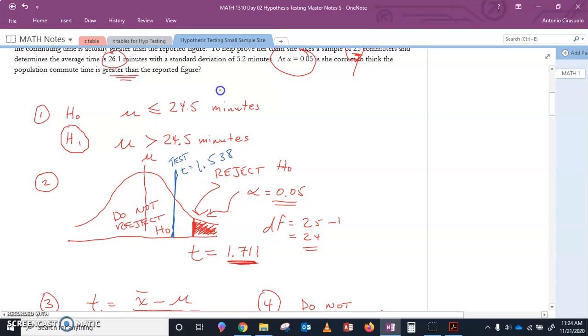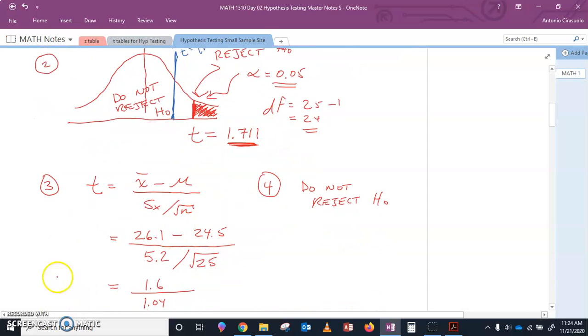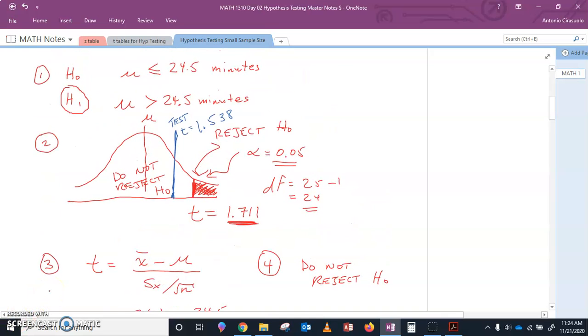So we do not reject H0, which means H1 is not true, or we can't prove that to be true. With that said, I'm going to go to the next video. And remember, it's just, once again, the 5 steps. Nothing's changed other than the t value is going to be used for the critical value this time in these questions.